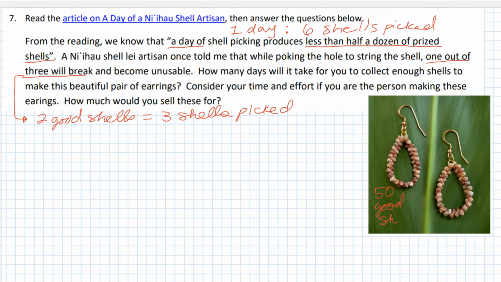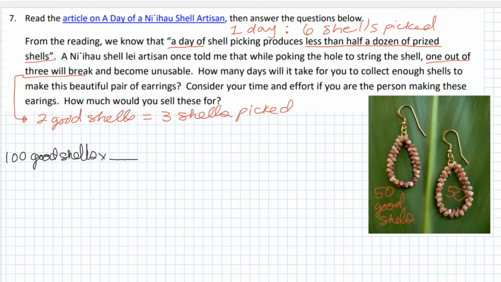Good shells that made into this earring. And then there's another 50 good shells that made into this earring. So together, there are 100 good shells. So that would be my starting point. 100 good shells that made into the earrings.